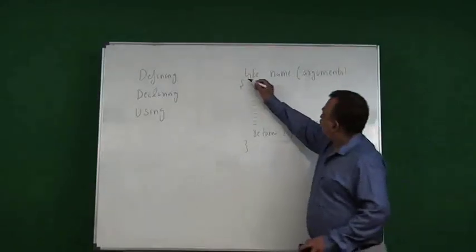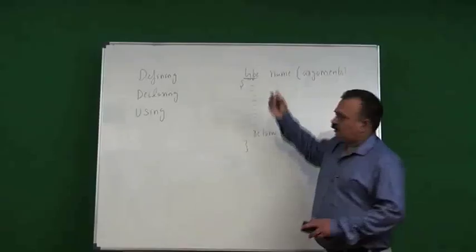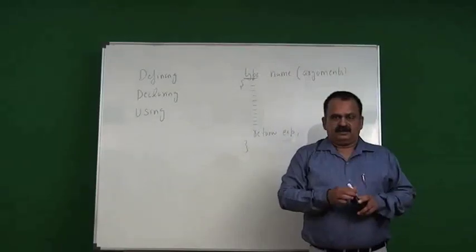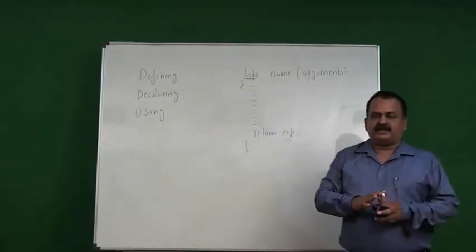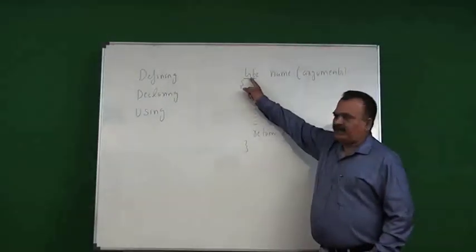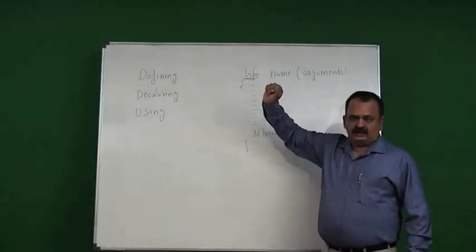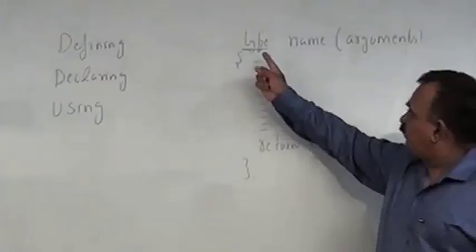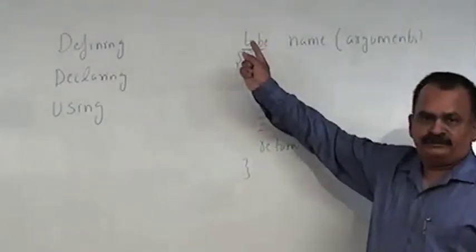The first one is type. This is the type of the value returned by the function. Say a function is calculating an integer type value. The type of this function will be int. If a function is calculating a real value, the type of this function will be float.